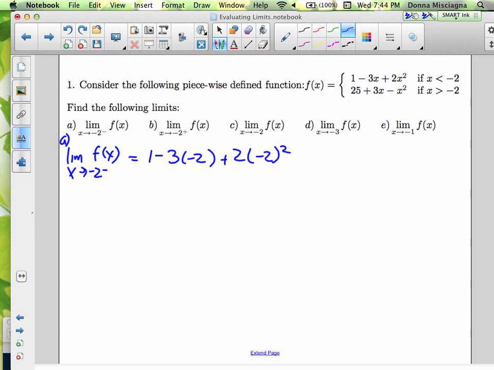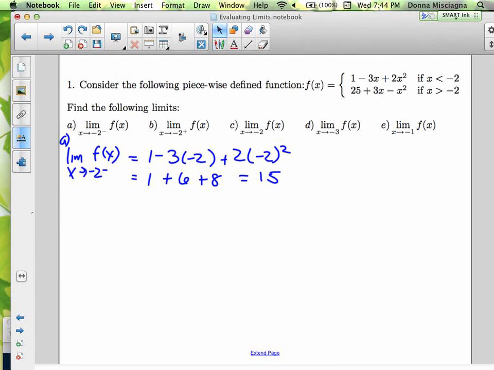So that's 1 plus 6, plus 8, so that's going to be 15. All right, so that's our left-hand limit.